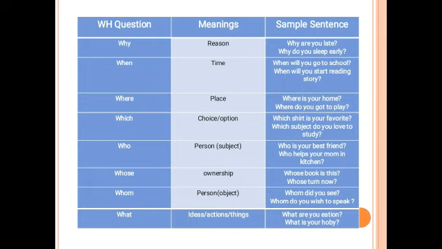Again in this sentence, we are asking about the person whom somebody likes to speak to. The person is missing. So the answer could be, I like to speak Anna, I like to speak my mother, I like to speak my sister, I like to speak my teacher, and so on.